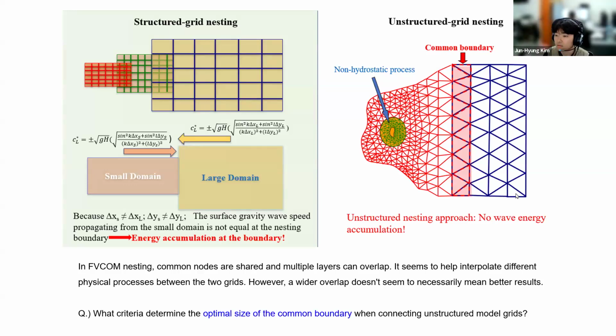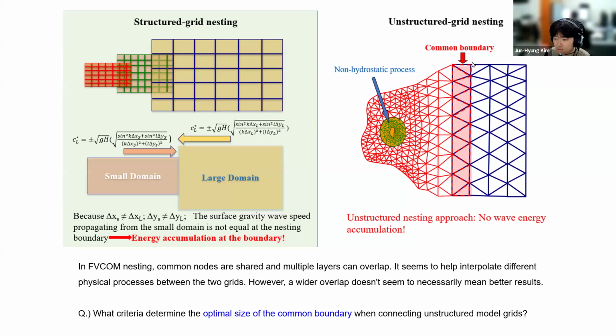I've never actually done nesting myself, so I'm worried this question might be too basic. When nesting between unstructured grids, common nodes are shared, and I've sometimes seen cases where multiple layers overlap, not just a single line, but several layers of mesh.